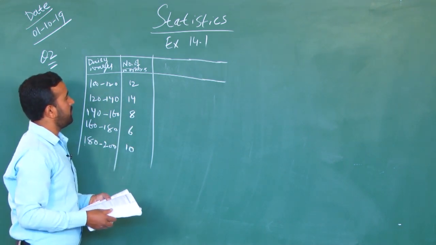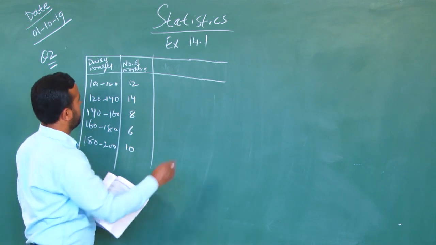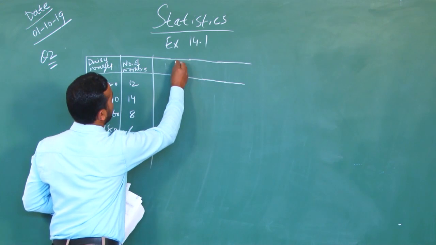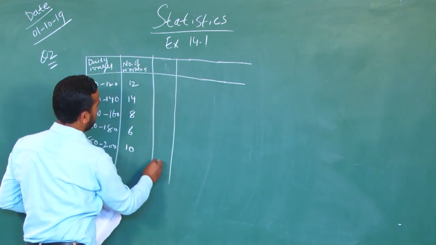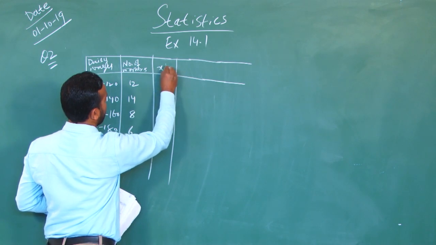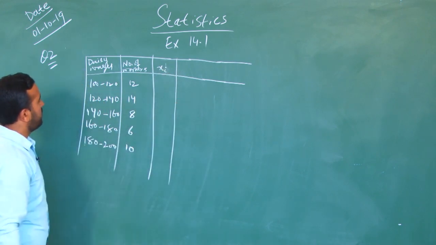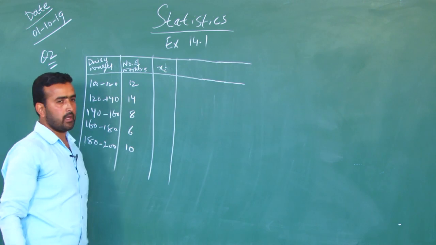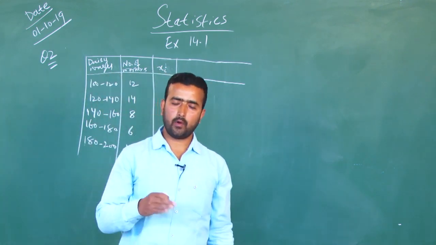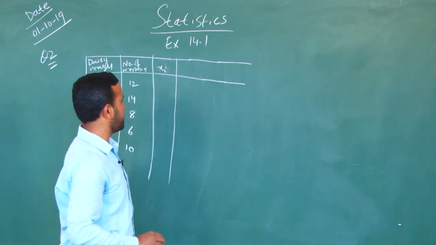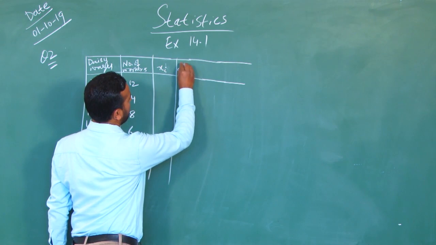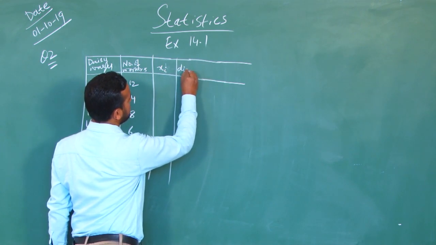And in the next column we will calculate the xi values. That is the class mark, we simply denote by xi. Then from these xi values we will see how to select an assumed mean, and with the help of which how we can calculate the deviations. In this column we will calculate the xi, then in the next column the deviations.